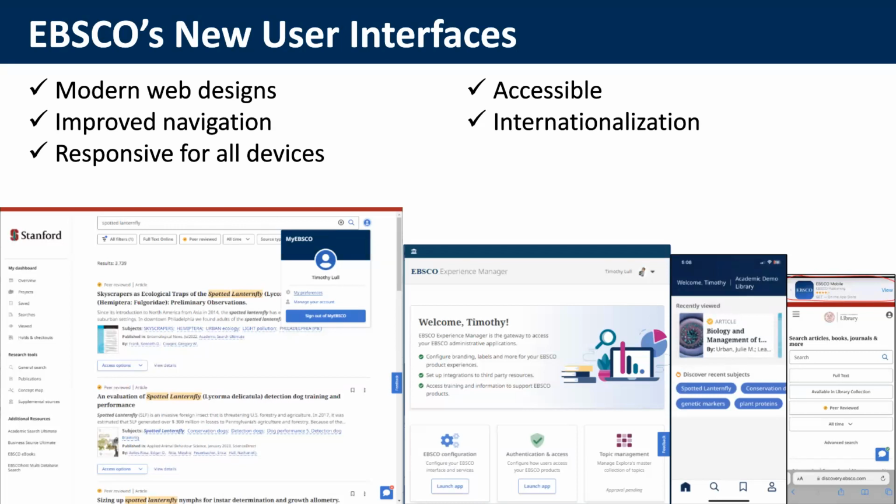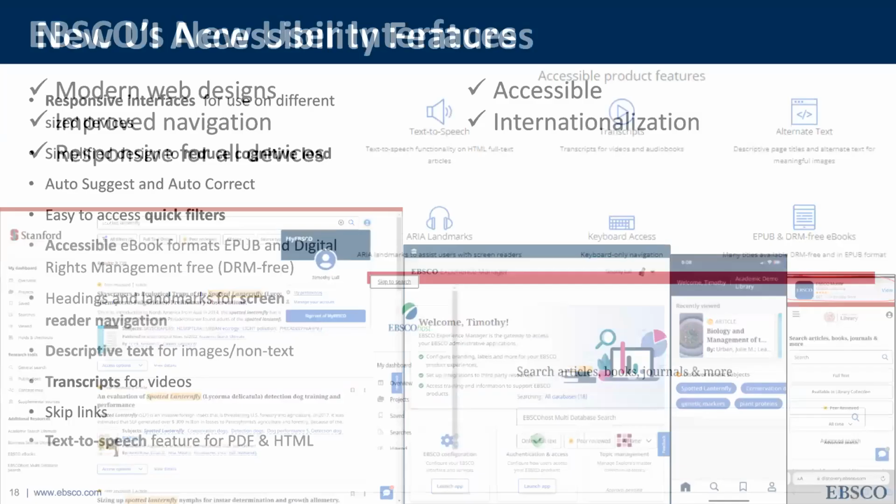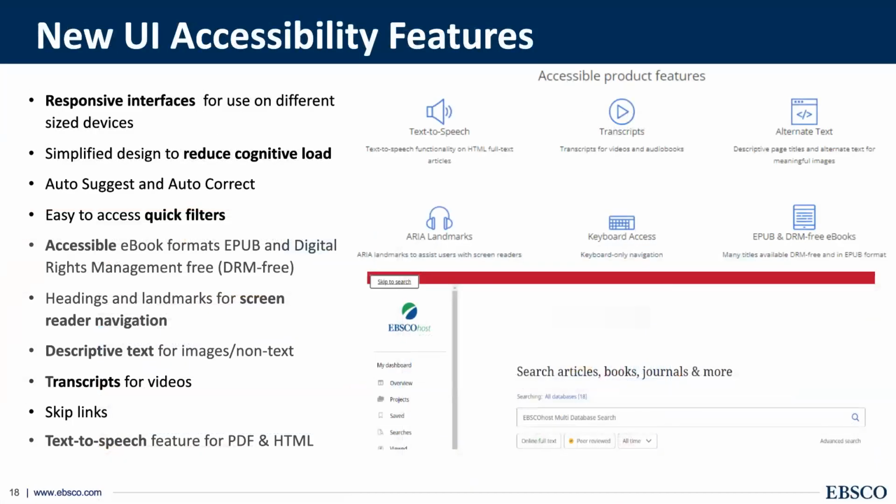We needed to make our interfaces accessible, so we are working towards WCAG 2.1 AA compliance, which is Web Content Accessibility Guidelines. We are designing our platforms, or have designed our platforms, with an accessibility-forward approach. It's not an afterthought. It's definitely something we have considered with the design.